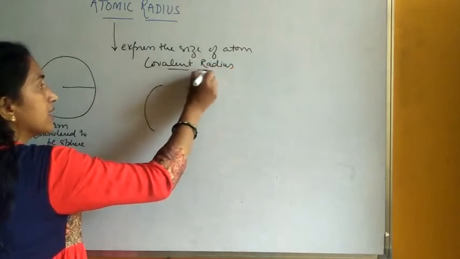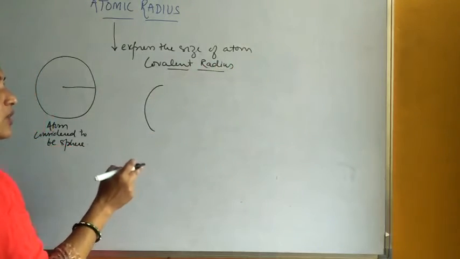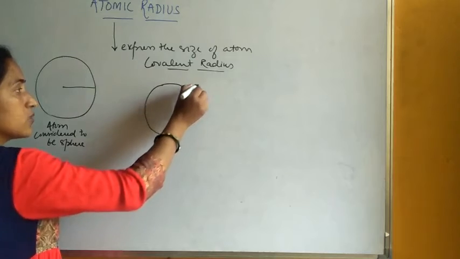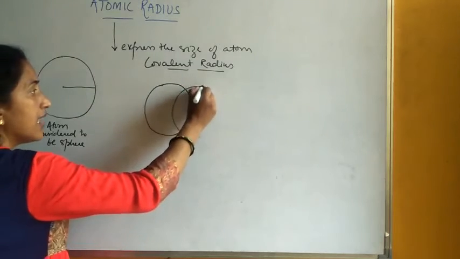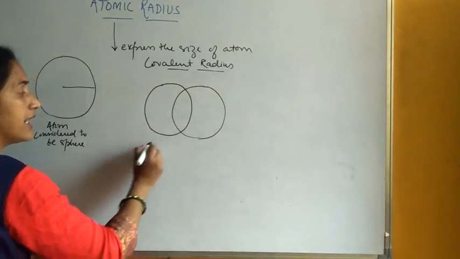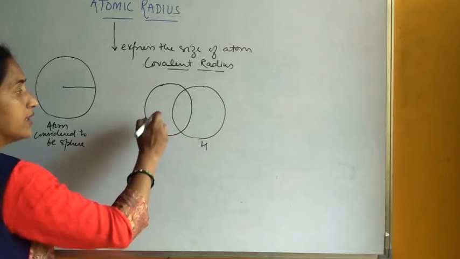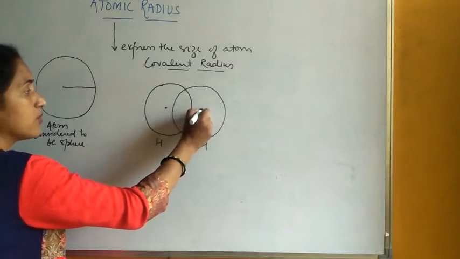This type of radius is found in atoms which are covalently bonded, right? So let's take, this is one atom and this is another atom. Let it be hydrogen. Two hydrogen atoms are bonded together and they are forming the hydrogen molecule.